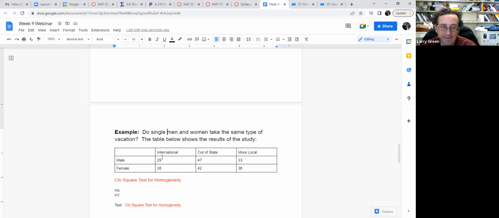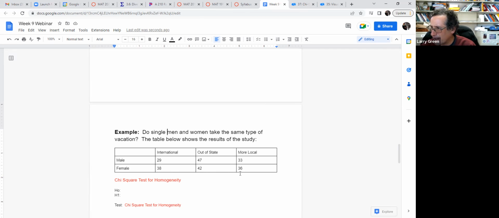And we looked at different types. You could be an international vacation person, an out-of-state person, or just local. Maybe you just go down the block and hang out. Okay, and we have male and female.